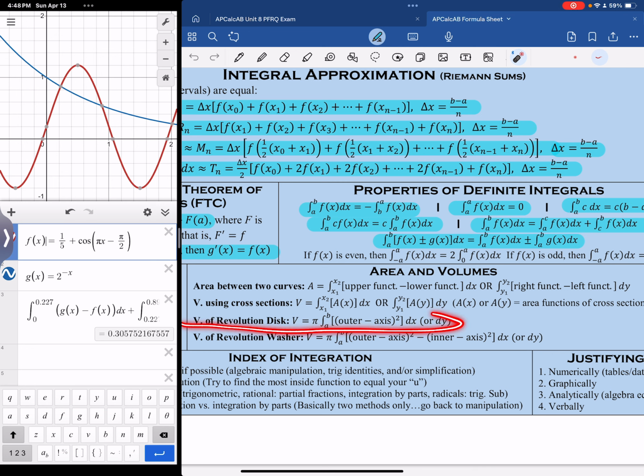Here's your disk method. Outer function minus the axis, that will give you your radius. You square that, multiply it by pi, and that's going to be your area function for each of those disks that make up the solid. Now, if you have more than one curve, you're going to have an outer function and an inner function.